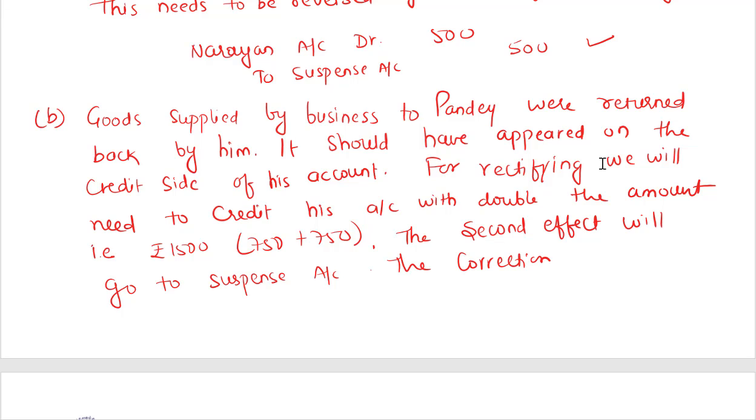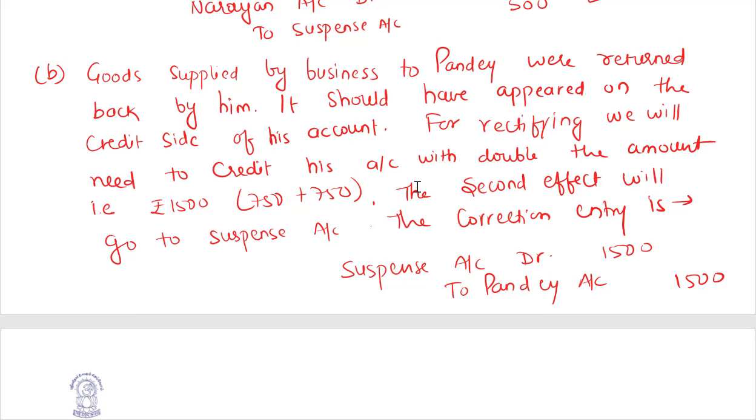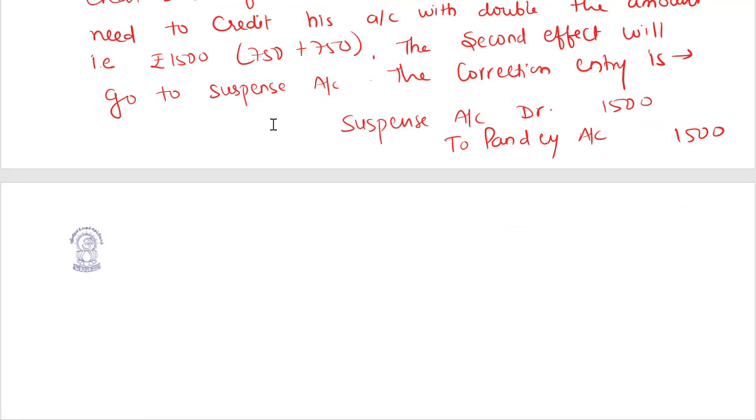The correction entry will be suspense account debit to Pandey account, and this would be 1500. I think it is clear. Let's continue.